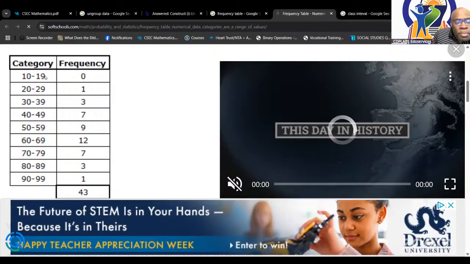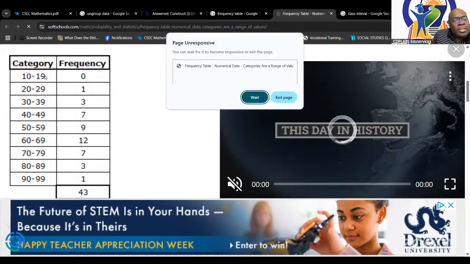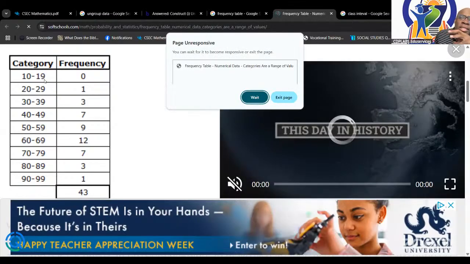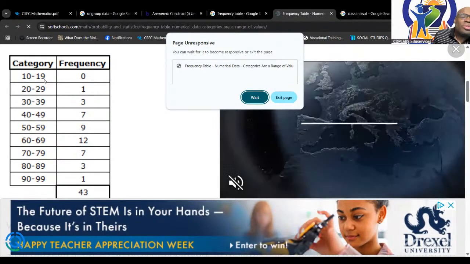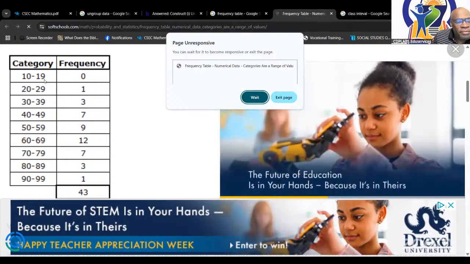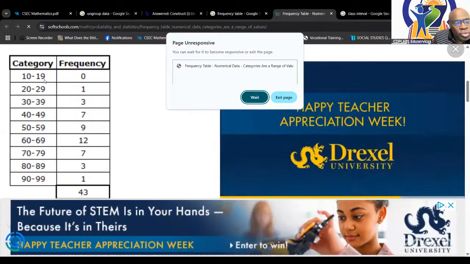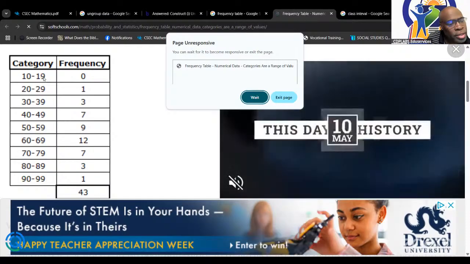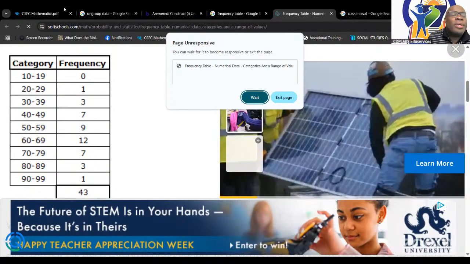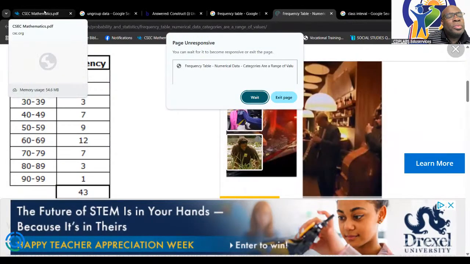For the upper class boundary, you'd add 0.5 to 19, so it becomes 19.5. For the lower class boundary, you'd subtract 0.5 from 10, and that would be 9.5. So to get the boundaries, you add 0.5 to the highest number and subtract 0.5 from the lowest number. All right? Good. That's class boundary.